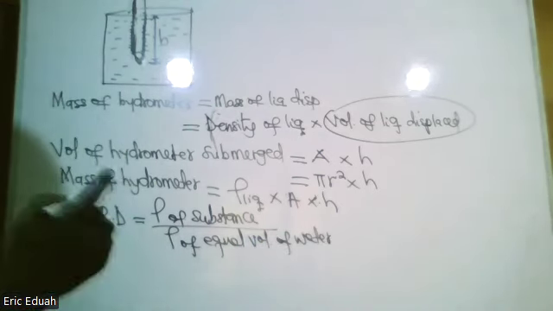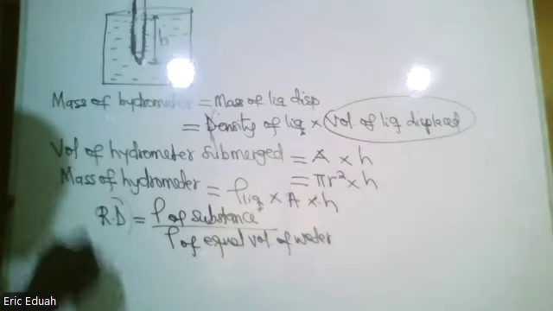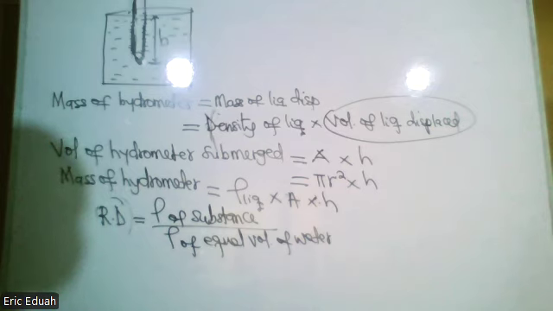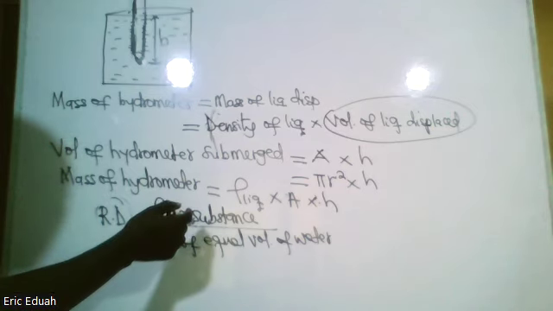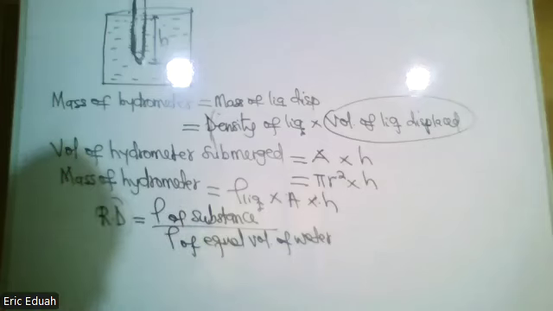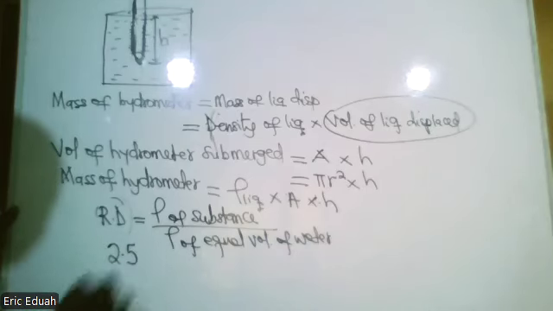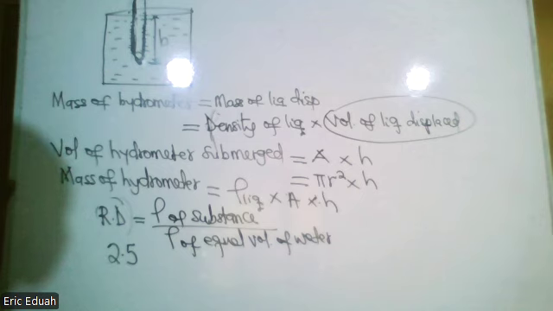So numerically, whenever you are given the RD of a substance, it is equal to the numerical value of its relative density. Assuming this is given to me as 2.5, the relative density of the substance is 2.5.